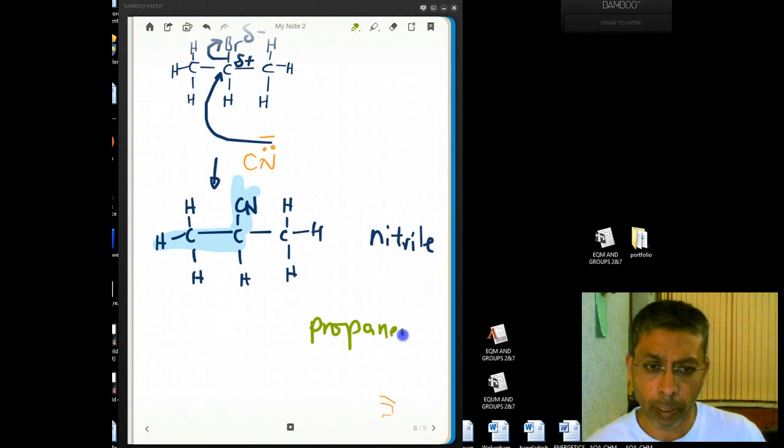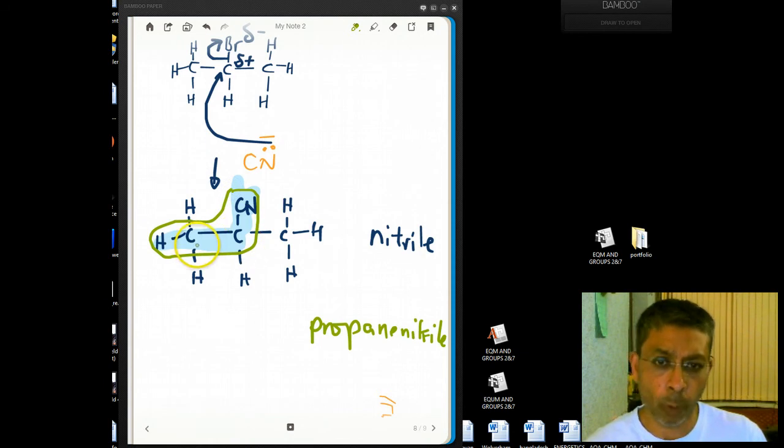Okay, so it's that bit there. That's the longest chain. Right, 1, 2, 3. Hence propane nitrile. And on the second carbon, you have a methyl group.